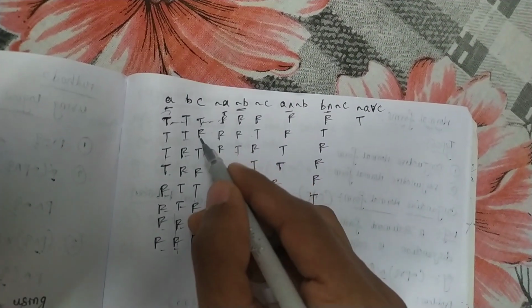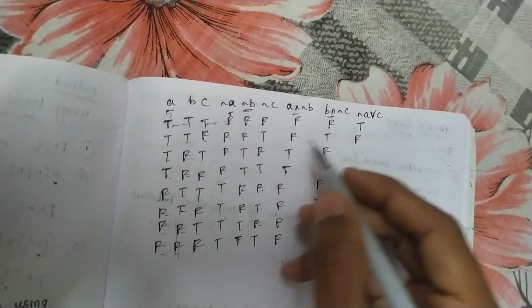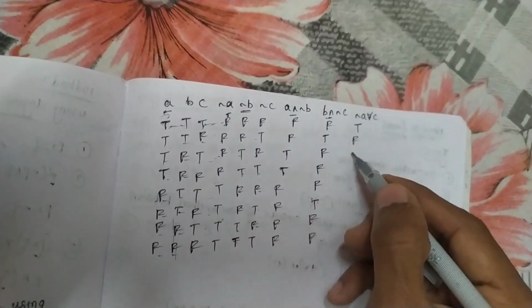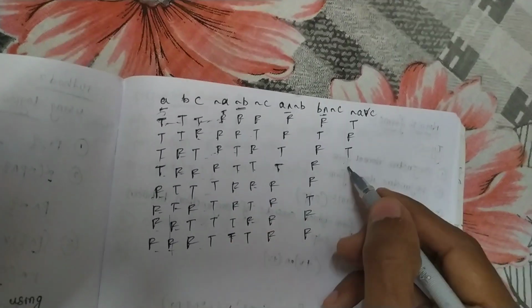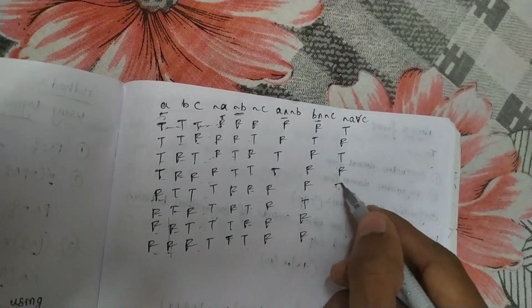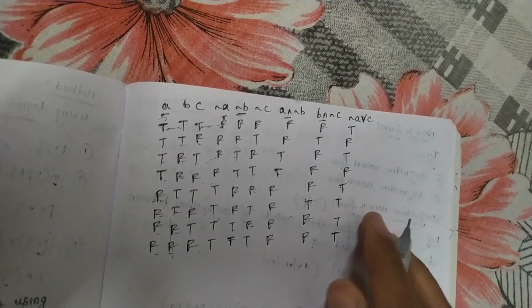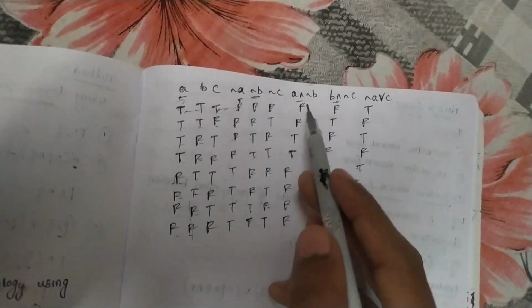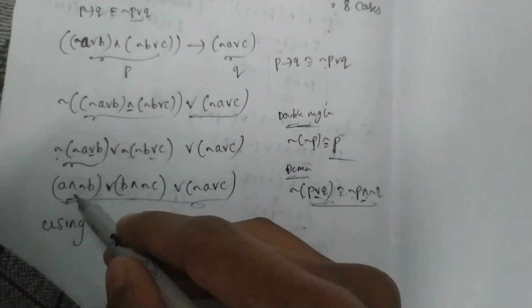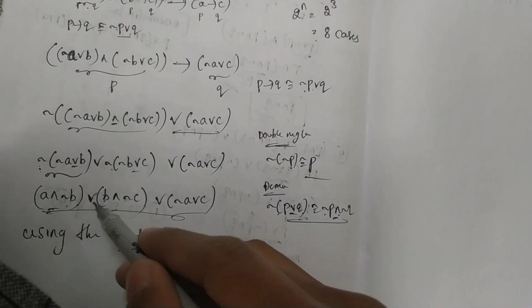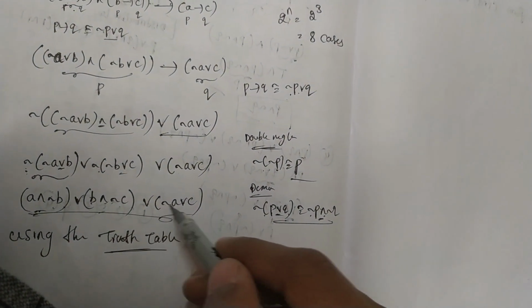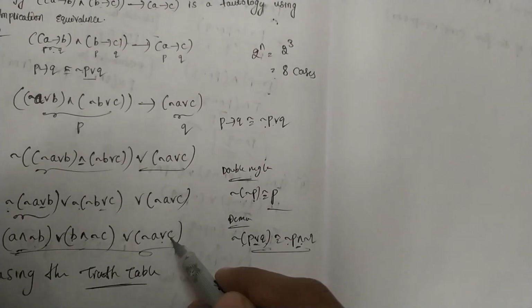Here true or false means true. One is true, one is false means true. True or false means true. Two truths means true. This also true, this also true, and this also true only. Here we find out the values of A and negation B, B and negation C, and negation A or C.